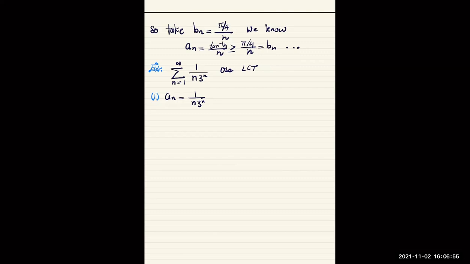Well, first of all, we don't have a bounded factor like tangent inverse of n. If you have tangent inverse of n, that compares to pi over 2. Cool. We don't have that. I don't have a sine of 1 over n either, because if I had a sine of 1 over n or sine of 1 over n squared, I could compare that to 1 over n or 1 over n squared.